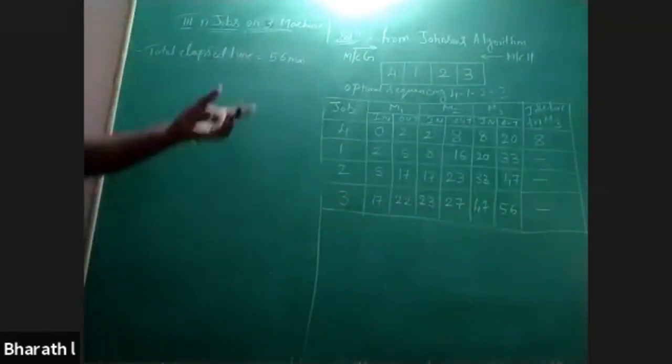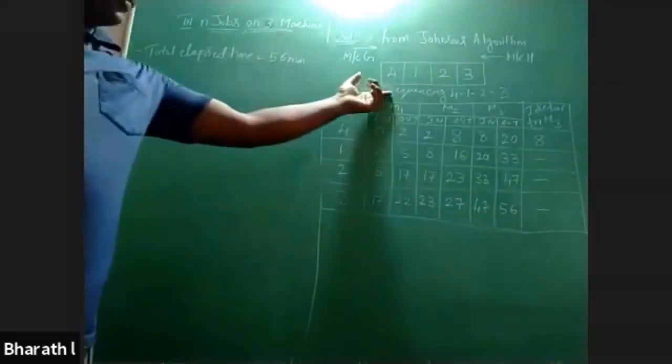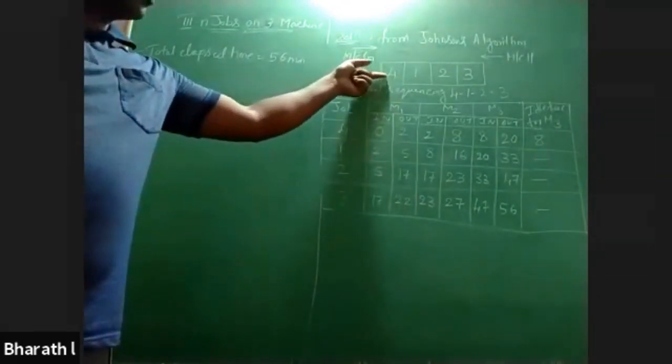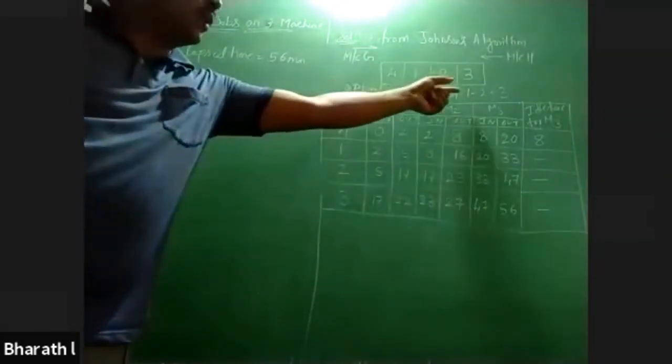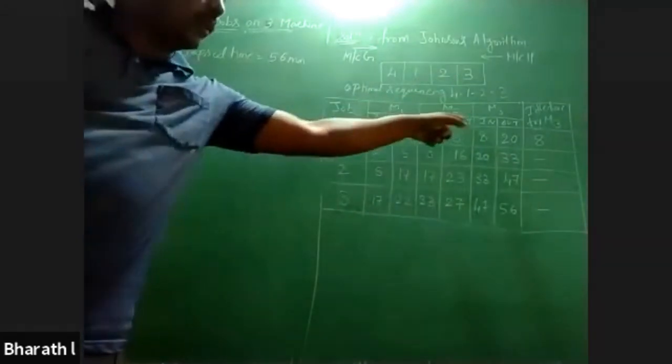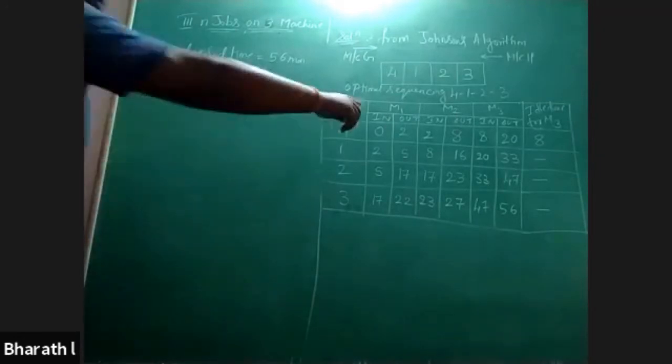That indicates in this optimal sequencing, the jobs are processed in the order 4, 1, 2, 3 on M1, M2, M3. It will take 56 minutes to perform all 3 operations on the respective machines.